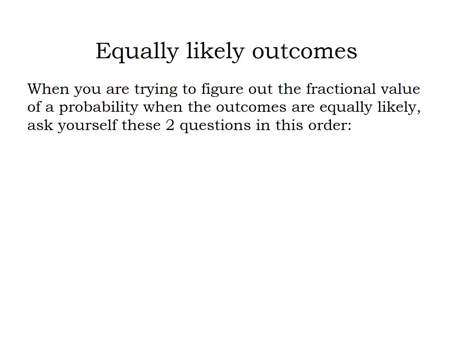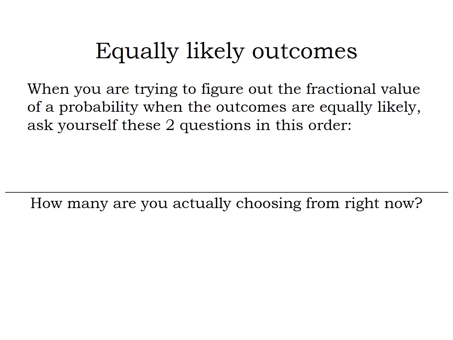So when we actually go to figure out our fractions, I want you to ask yourself two questions here. Okay? And I want you to do it in this order. So first, ask yourself, how many are you actually choosing from right now? At this moment, when I'm doing my experiment, I may be in the context of a much bigger problem, but for each fraction we're going to determine, we're looking at this very moment, how many are you actually choosing from?